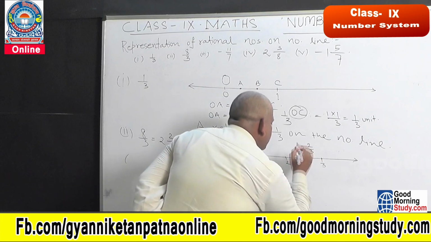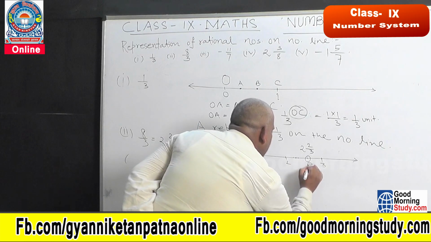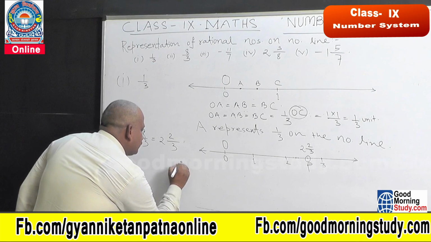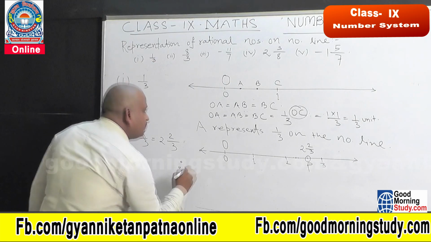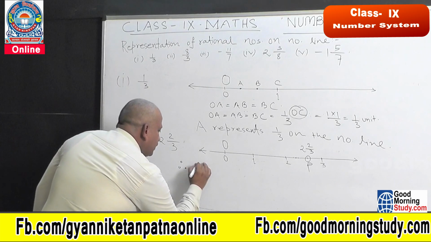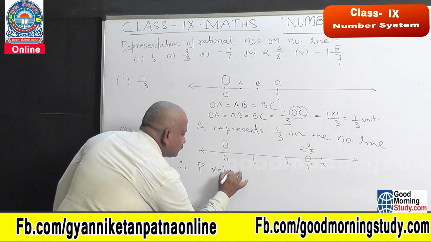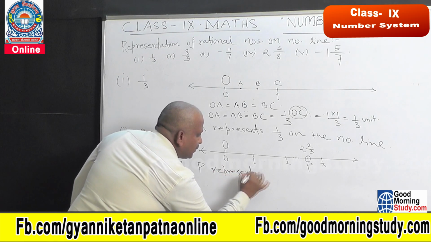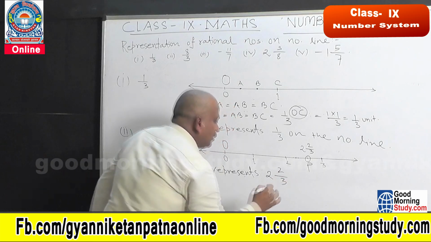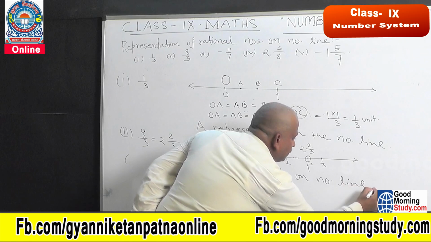And suppose I am abbreviating this point by the letter P, and therefore finally you can say that P represents 2 whole 2 by 3 on number line.